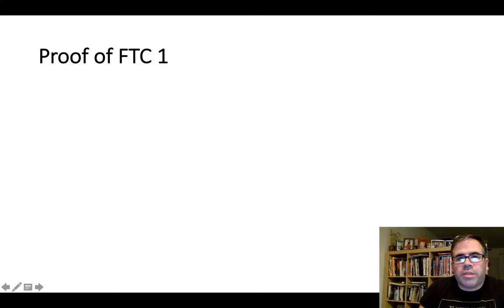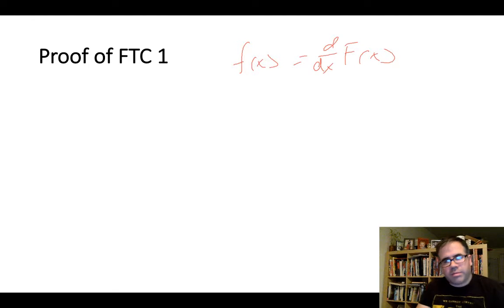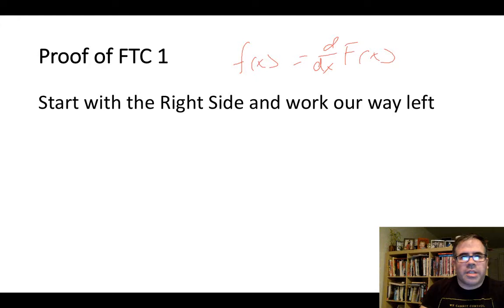So we know that we have a little f and we have a big F. And we know that the derivative of the big F is equal to the little f, right? Okay, so what we're going to do is start with the right-hand side of the fundamental theorem of calculus and work our way left. To remember, the right-hand side looks like this: F of B minus F of A.